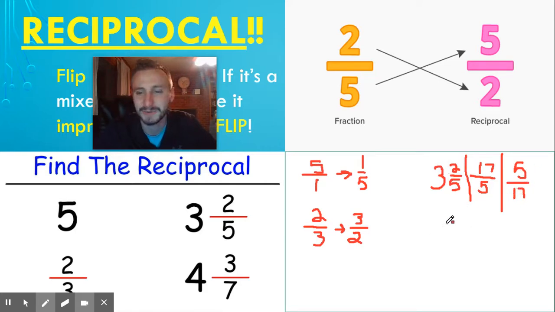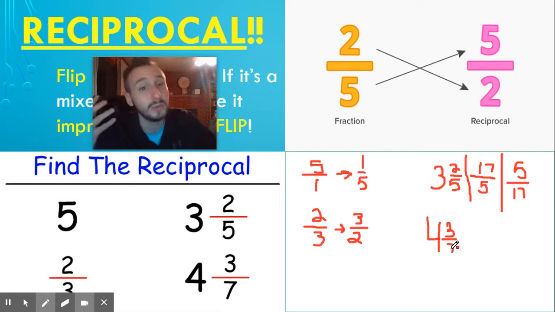Let's try the last one. 4 3/7. Again, you want to change it to an improper fraction first. 7 times 4 is 28. 28 plus 3 is 31. So the improper form is 31, and your denominator stays the same, sevenths.